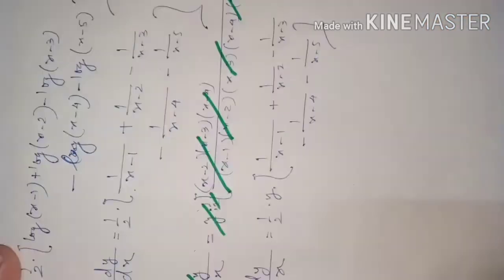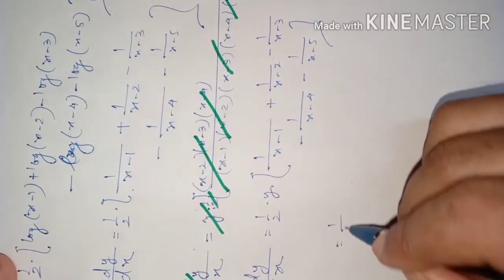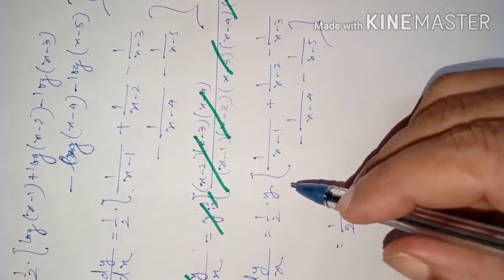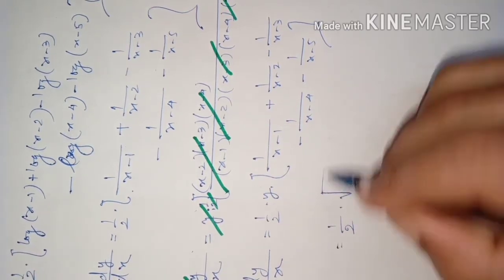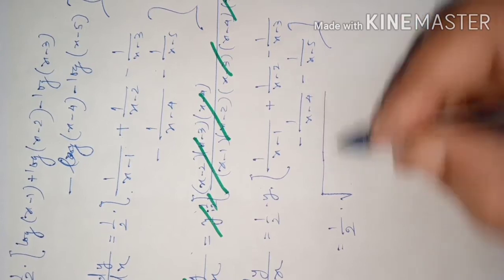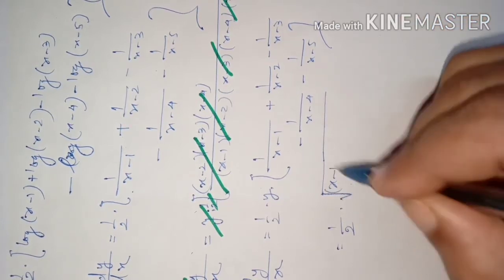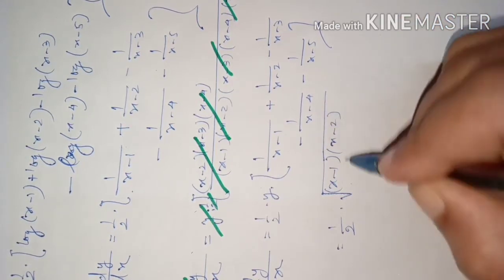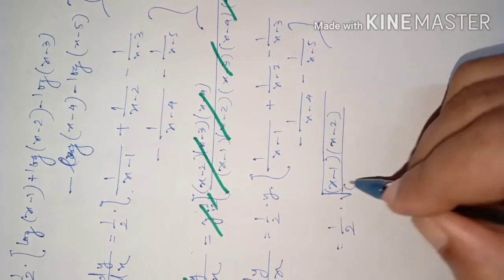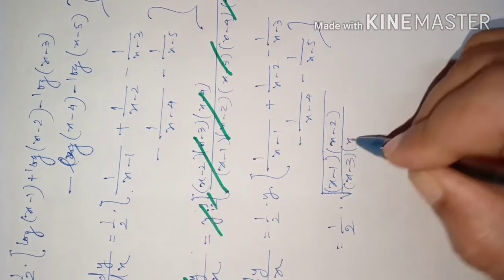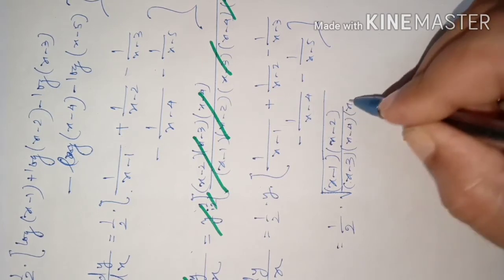So what does y stand for? 1 by 2 into y, and y stands for this under root of (x minus 1)(x minus 2) divided by (x minus 3)(x minus 4)(x minus 5).